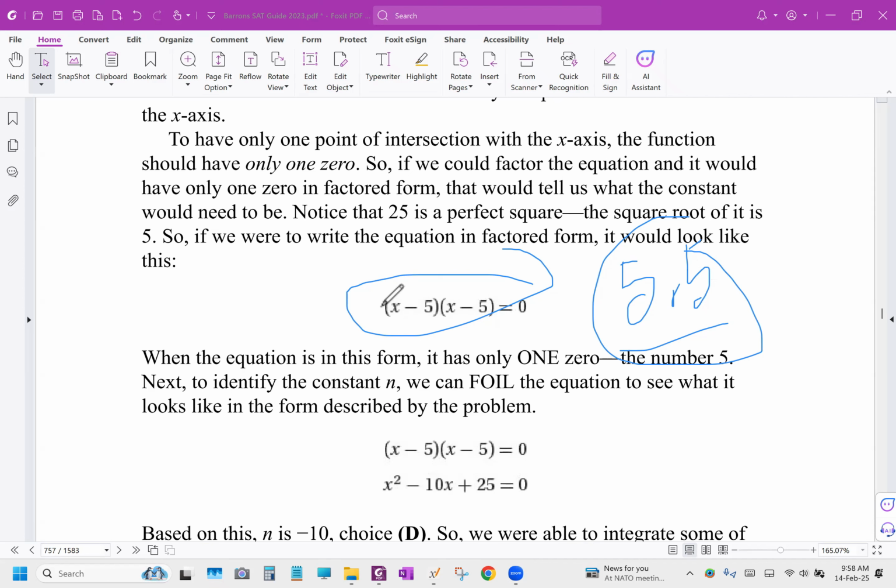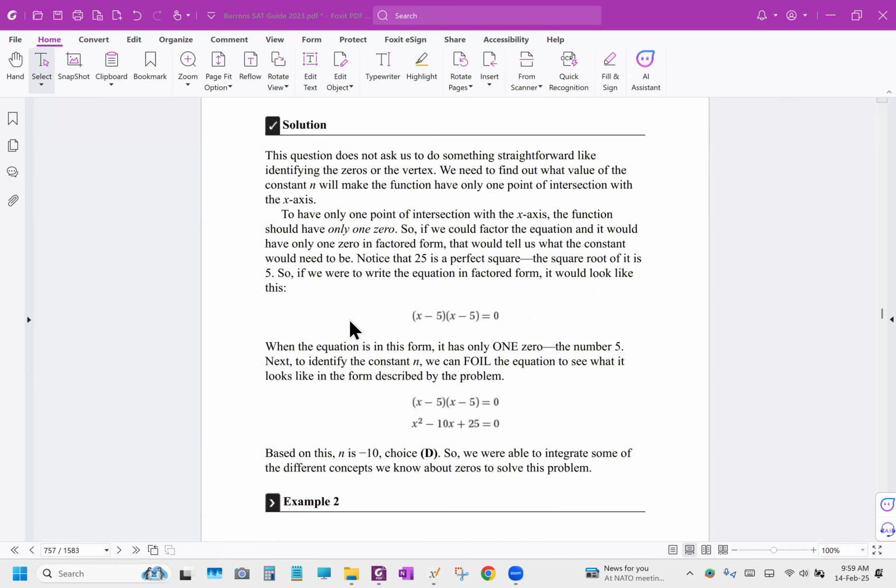So you just need to make the equation in that way, so that the equation gives you only one identical solution.